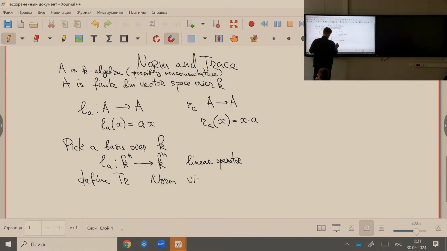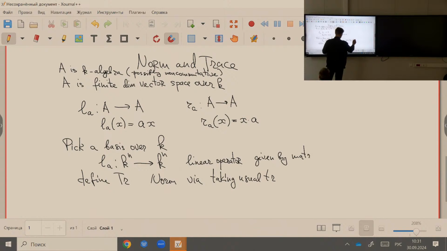We are taking the usual trace, so a linear operator given by a matrix, matrix a_ij. So we are taking the usual trace or determinant.